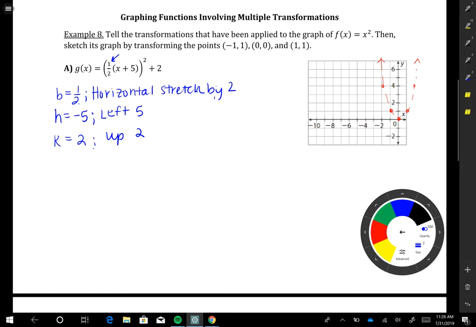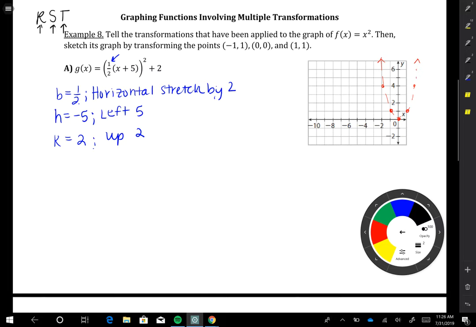Now, when transformations are being applied to a function, they do follow the order of operations. So multiplication comes before addition and subtraction. That means that your reflections and stretches and shrinks come before any translation. So the order that we do transformations is always R, S, T for reflect, and then stretch or shrink, and then translate.